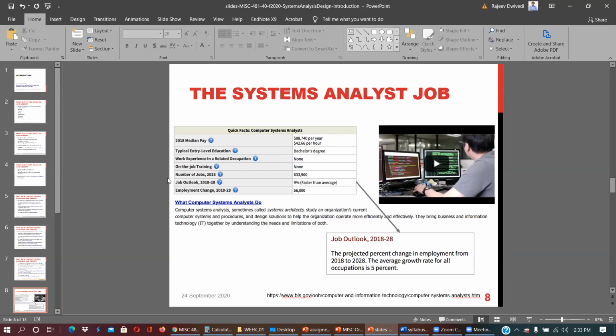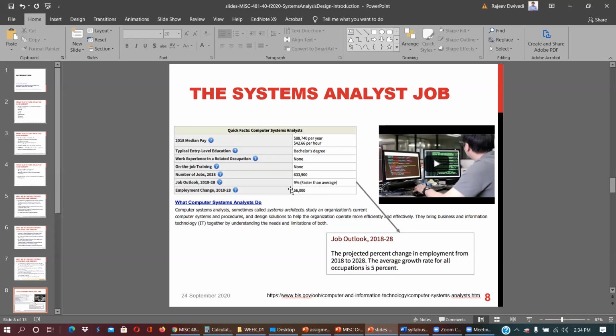So basically this is data related to 2018, and you can currently see how many jobs are there. Or I will research and share with you what the requirements of a systems analyst are, what the median salaries are, where those openings are, and what skills are needed.